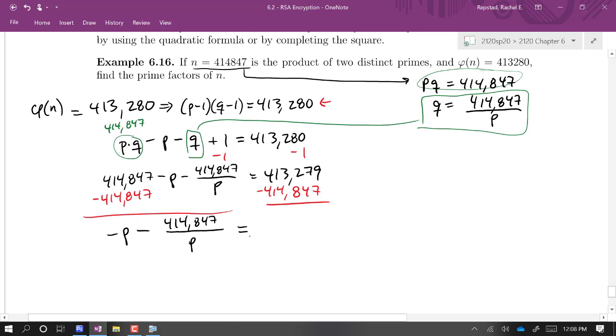And then on this side, once I do that subtraction, I get negative 1568.